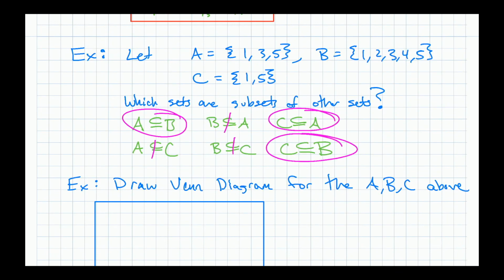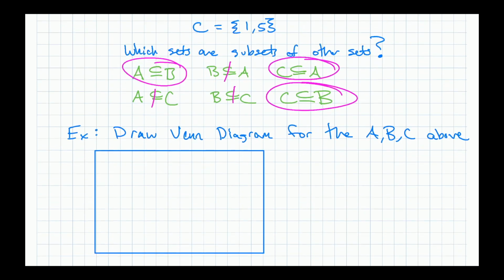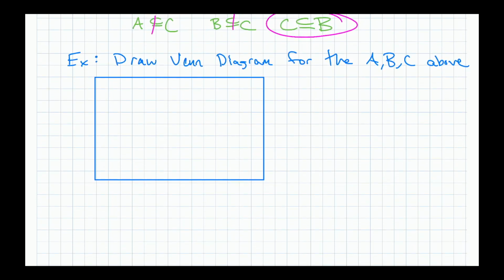Just looking at this, I see that C, 1, 5, is actually inside of A, right? 1, 5 is actually part of 1, 3, 5. And then I also see 1, 3, 5 is inside of B. So if I want to draw these, I have to draw C, make it a little bigger, is the smallest one.